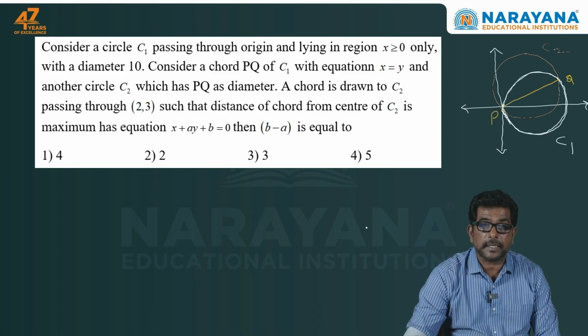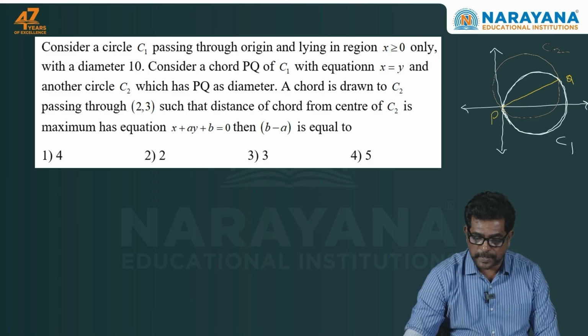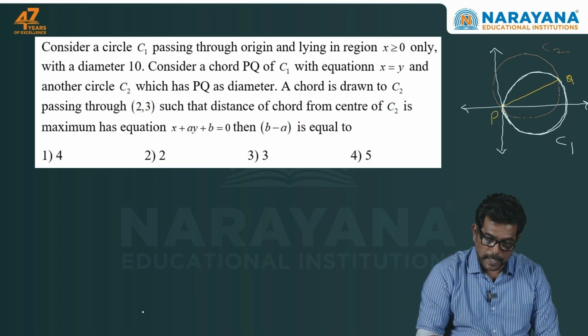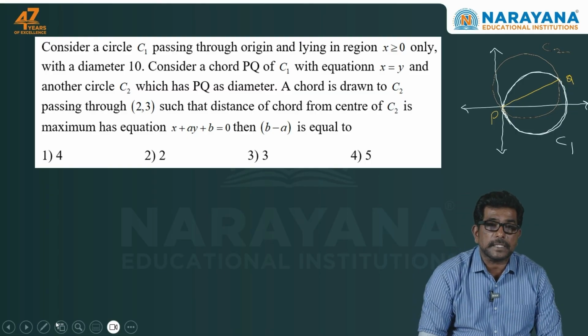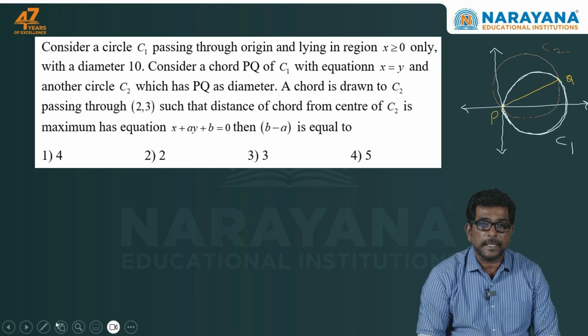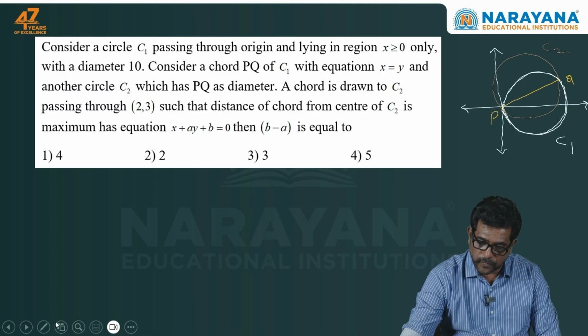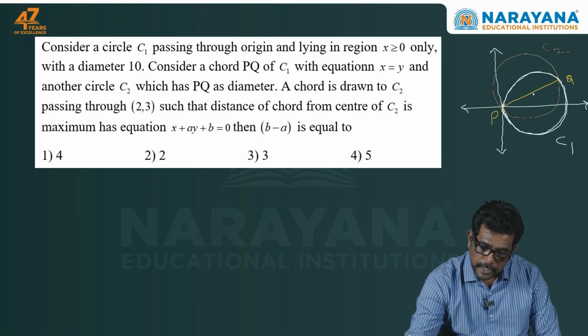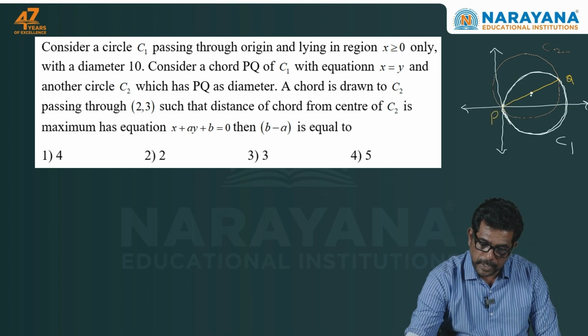A chord is drawn to C2 passing through 2, 3. There are so many possibilities. We can draw so many chords passing through 2, 3 such that the distance of the chord from the center of C2, because here PQ is the diameter, the midpoint of PQ is the center.